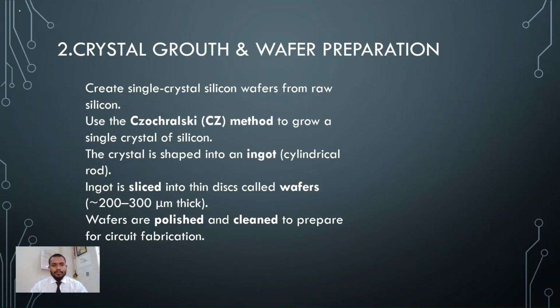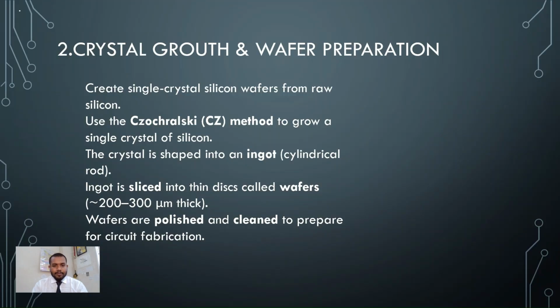The crystal is shaped into an ingot, a cylindrical rod. The ingot is sliced into thin disks called wafers. Wafers are polished and cleaned to prepare for circuit fabrication.